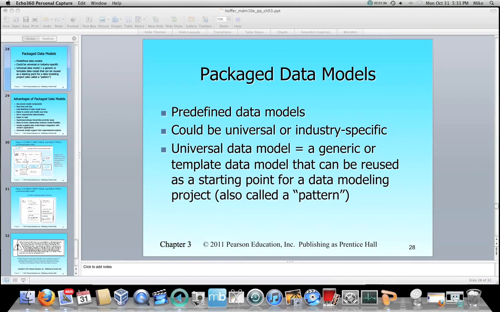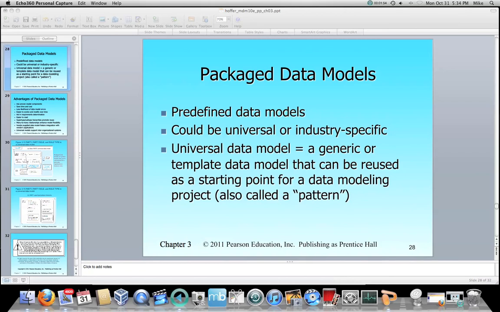So what people who design these are trying to do is set up something that can be sold from company to company to company. And most of the time, they do fairly well.